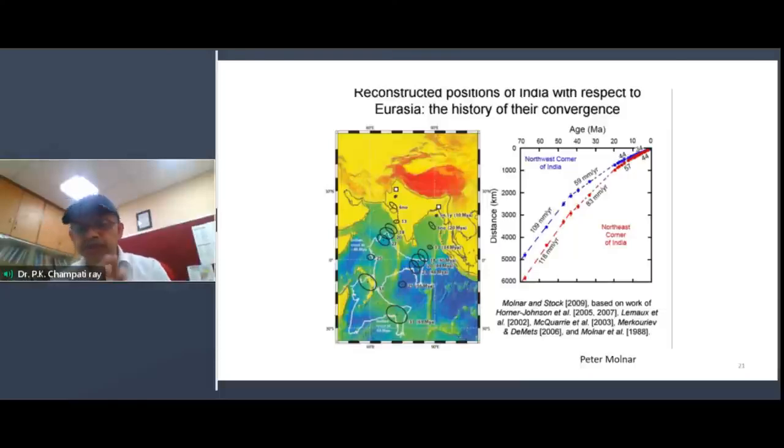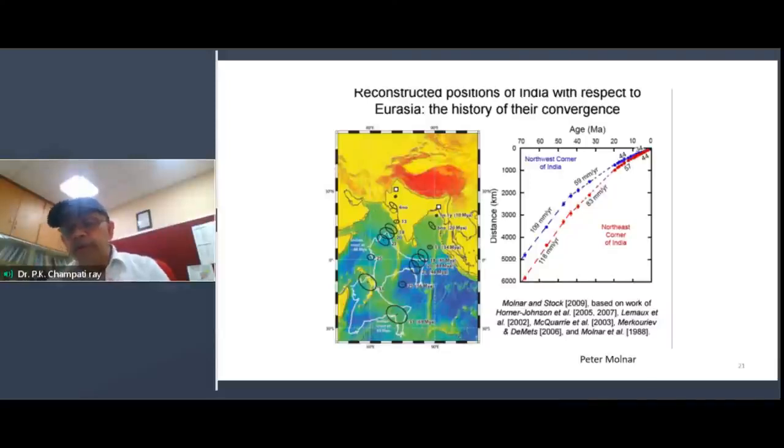So this also supports that the movement you see today is essentially due to this complex rotational component. And earlier it was moving at something like 109 millimeters per year. It has come down to something like 44, 50 millimeters.